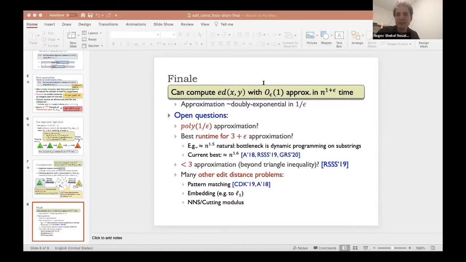Basically, to do that, one would need to, instead of using triangle inequality, which the LCS cannot guarantee, use something that we call a triangle inequality on average.